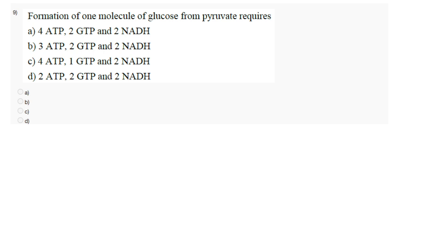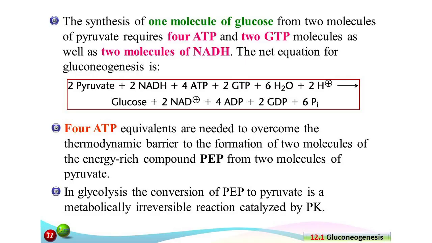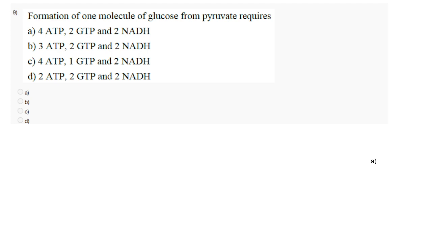Option C, 4 ATP, 1 GTP, and 2 NADH. Okay, is option A correct? 4 ATP, 2 GTP, and 2 NADH are required for the formation of one glucose from pyruvate. So you can see this option A is correct here.